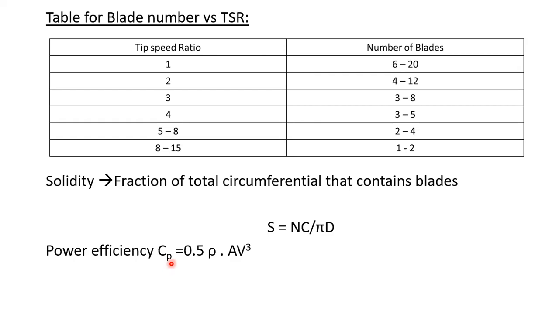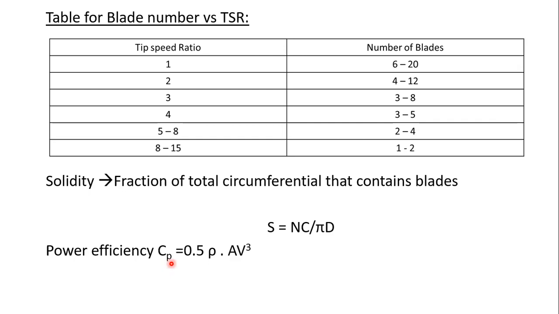At higher than optimum TSR, they produce less than their maximum lift, and the lift forces also act at less favorable angles, because the angle of incidence decreases.